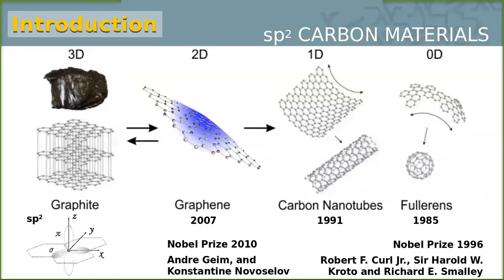So first of all, here, most of you know these different carbon materials. They are sp2 carbon materials. Mainly, graphene is one that has been heard a lot since 2010 when the Nobel Prize was given to Andrew Geim and Konstantin Novoselov.